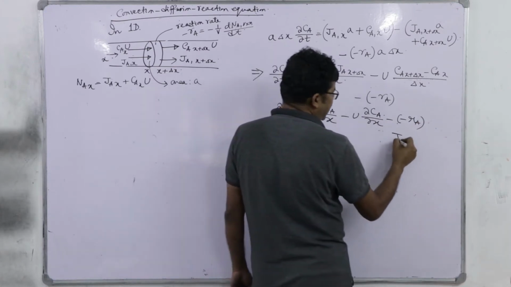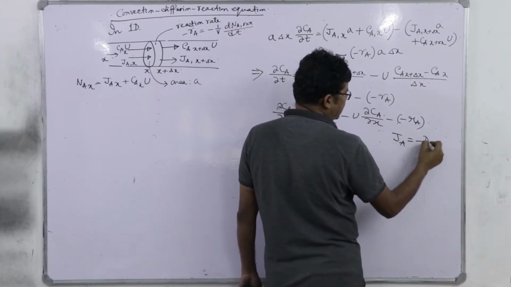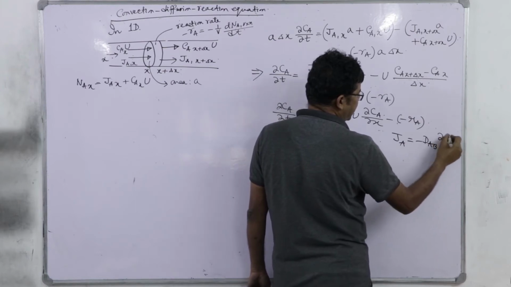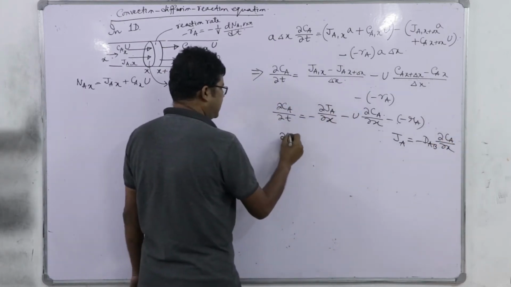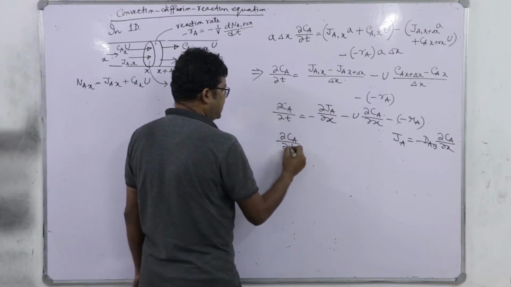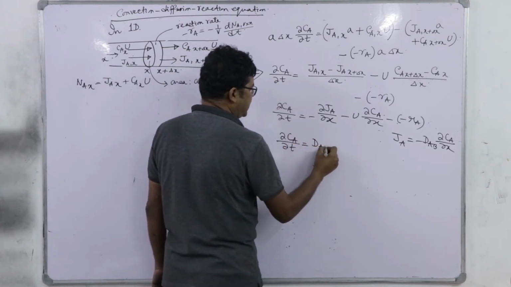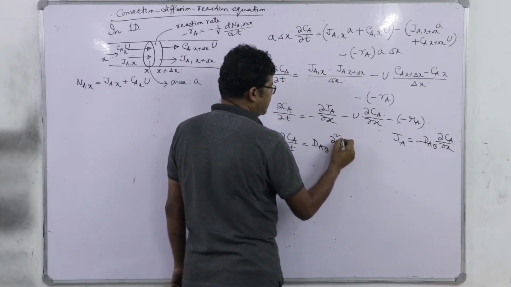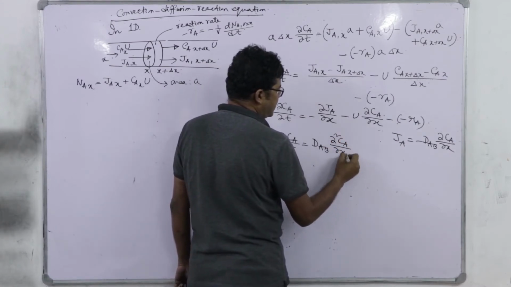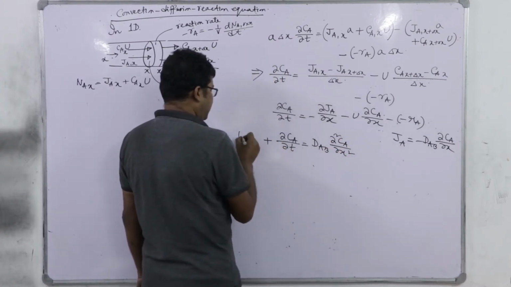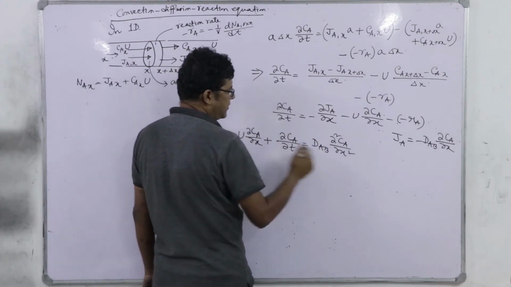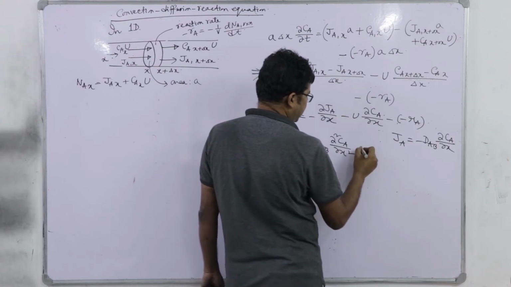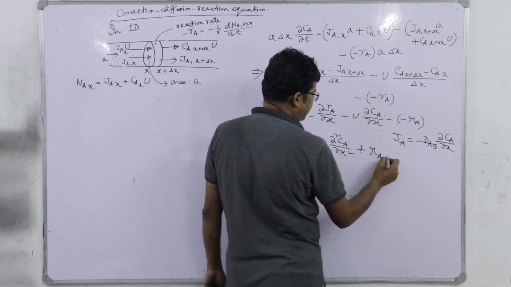Now, J_A in one dimension is minus D_AB del C_A del x. So, if I replace it, I will get del C_A del t is equal to D_AB into del square C_A del x square, and if I change the side of this term, it will be plus R_A.